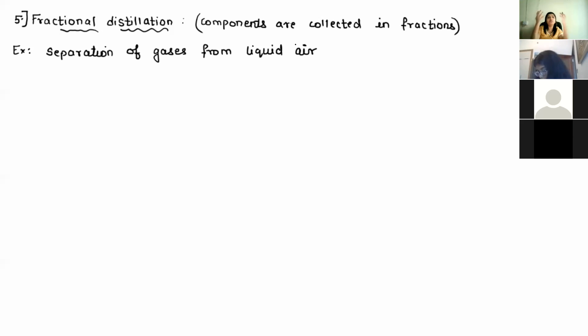I'm going to collect the air. Now air is in the form of gas, so I'm going to liquefy that air first so that it will be in liquid state. And then I will use the technique called fractional distillation. Different gases will come out in fractions, because every gas has a specific boiling point, that we have studied in our previous lecture.